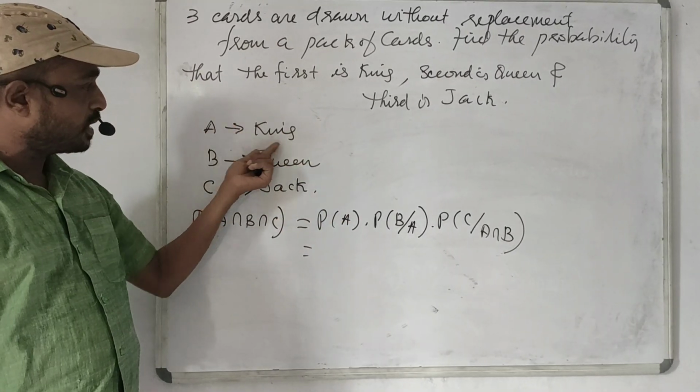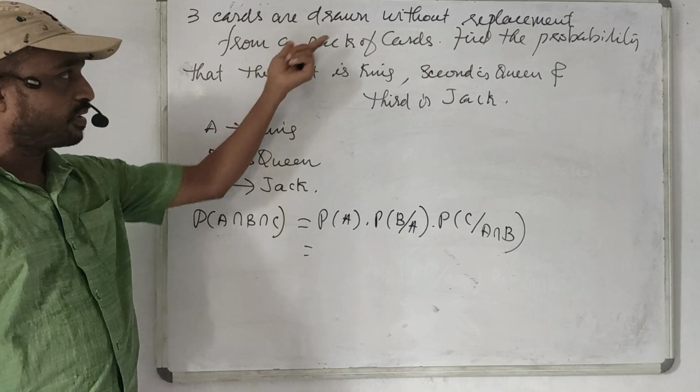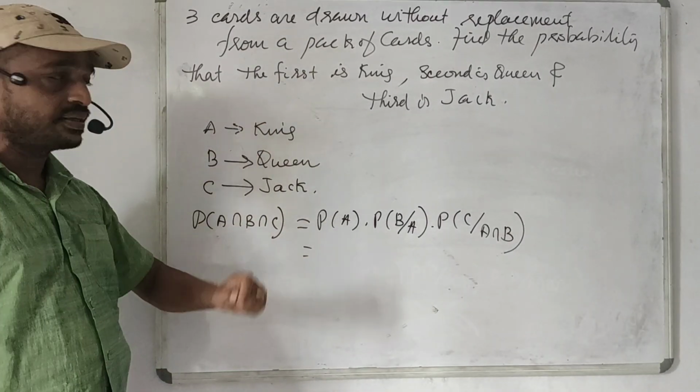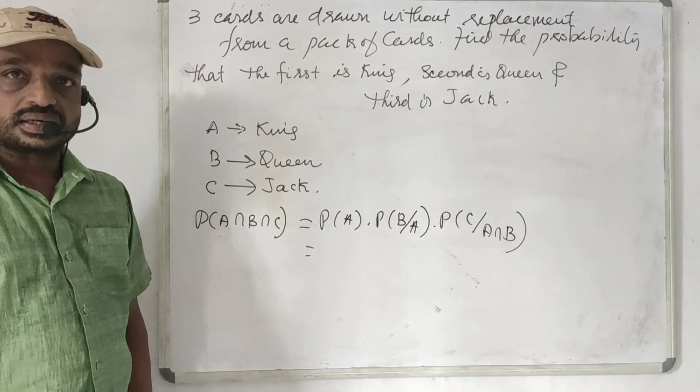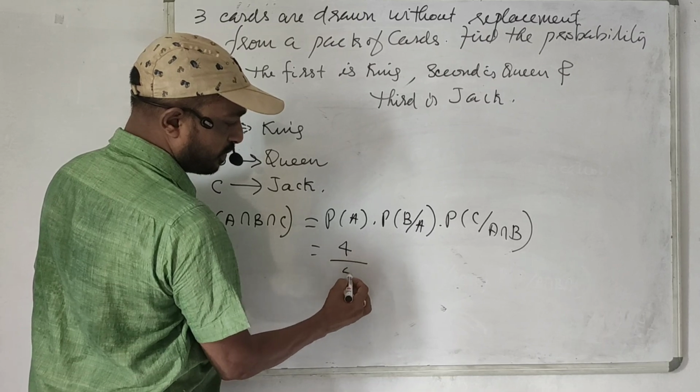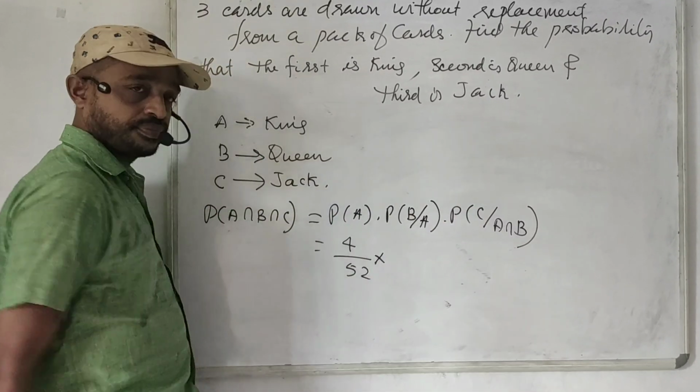P of A is the probability of drawing a king from a pack of cards. And we know that in a pack of 52 cards, 4 kings are there. So the probability of drawing a king is 4 divided by 52.